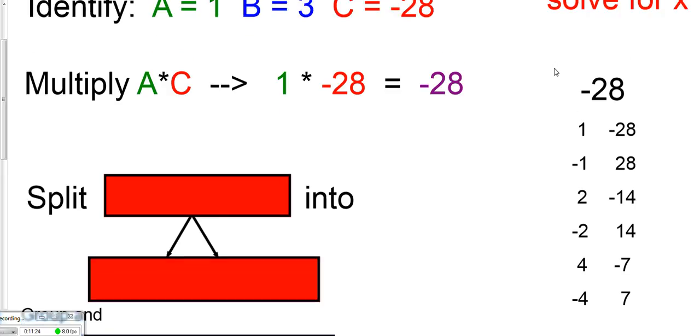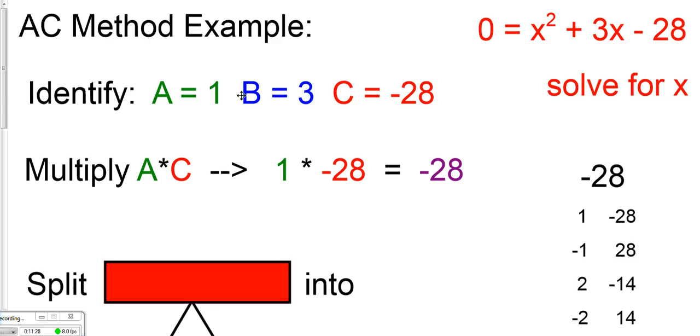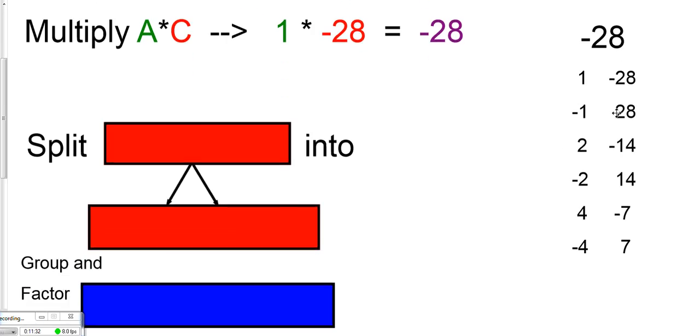Now I need to think to myself, which pair would add up to make this b, a positive 3. If I added these two, I'd be at negative 27, positive 27, negative 12, positive 12, negative 3, positive 3. This is my pair that adds up to 3.